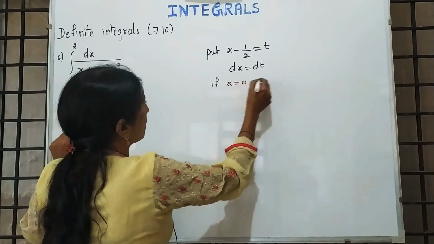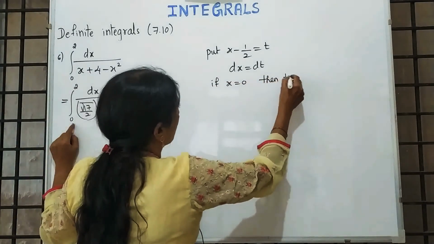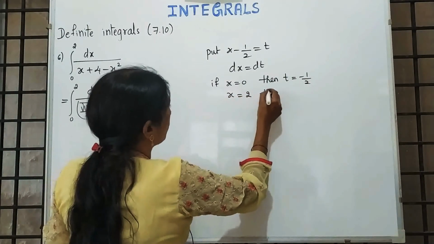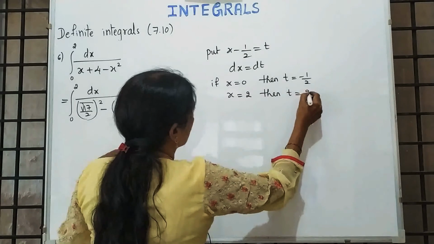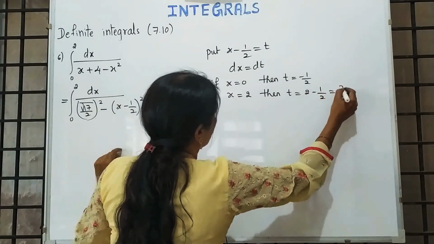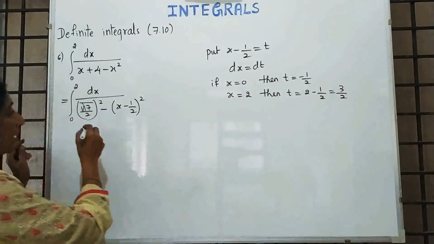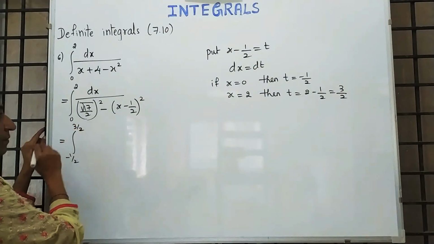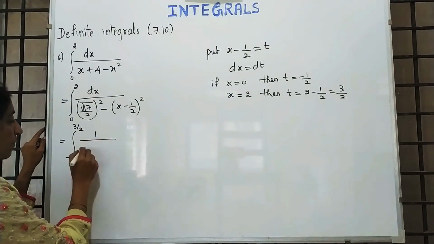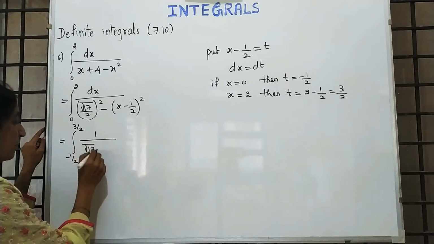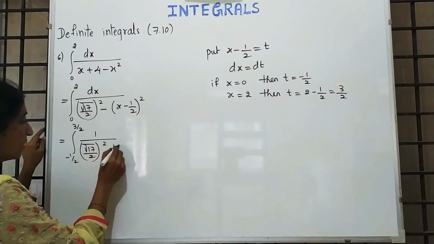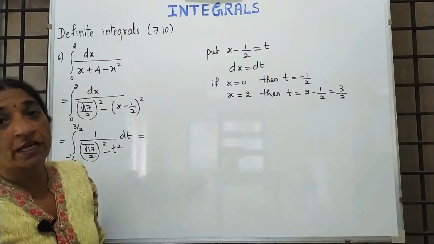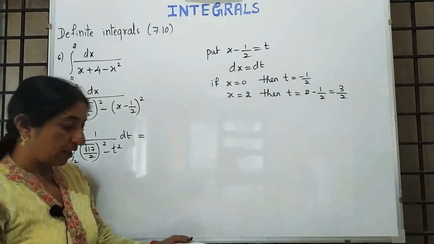If x is 0, then t is equal to minus 1 by 2. If x is 2, then t is equal to 2 minus 1 by 2, that is 3 by 2. See the lower limit: minus 1 by 2, upper limit is 3 by 2, 1 upon root 17 by 2 whole square minus t square into dt. Now it is in the form of 1 upon a square minus x square, a means number.